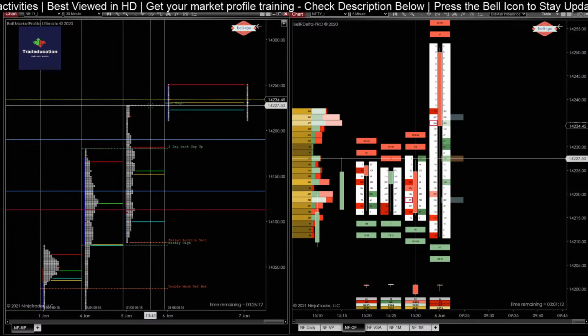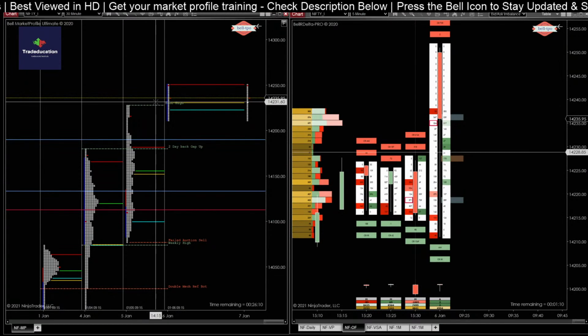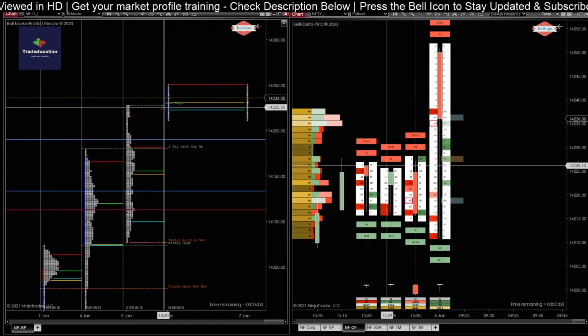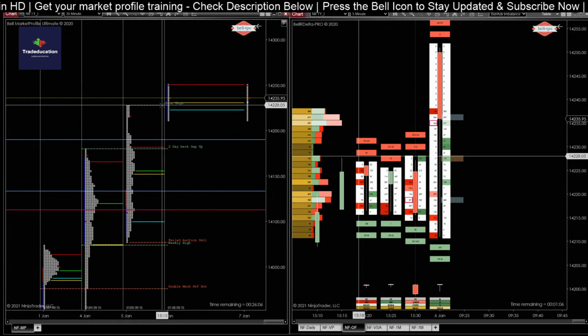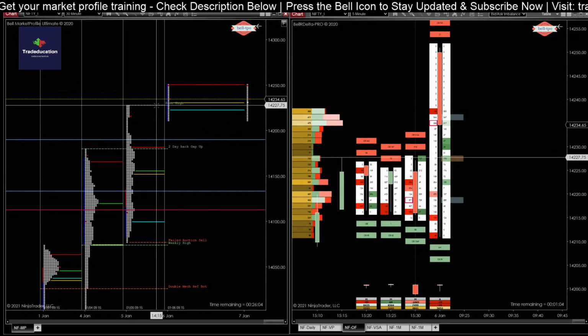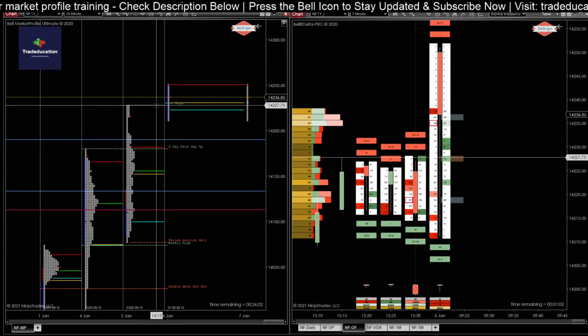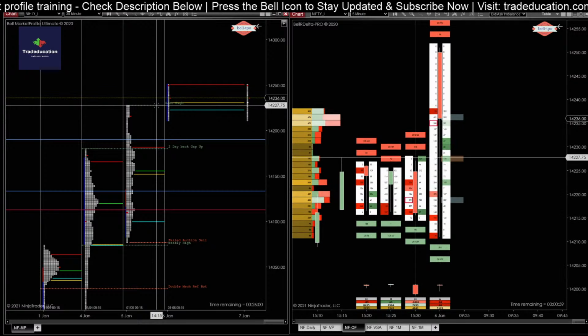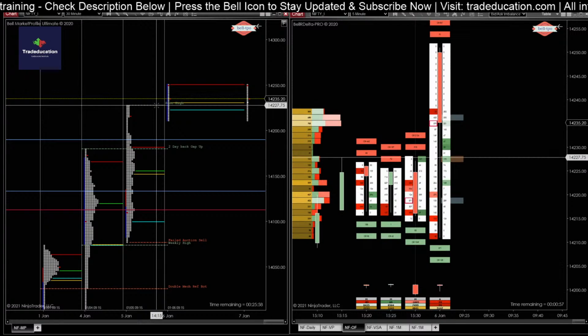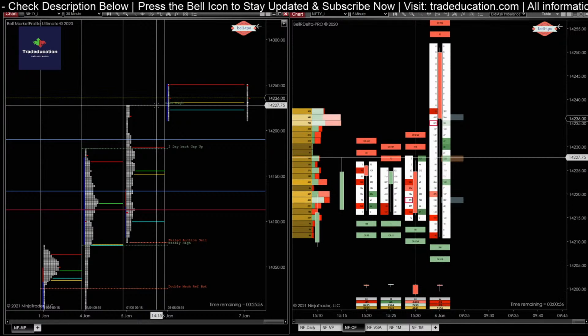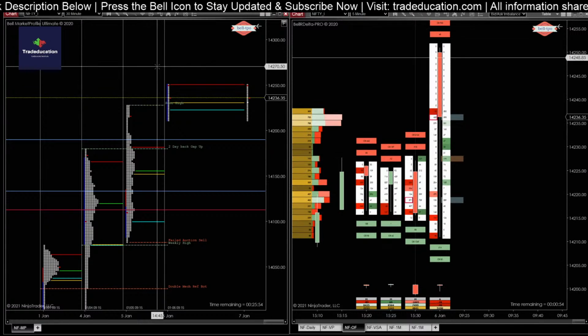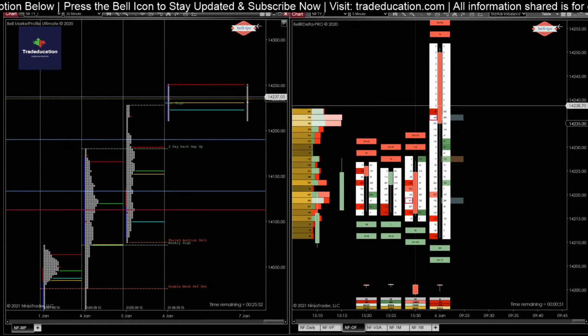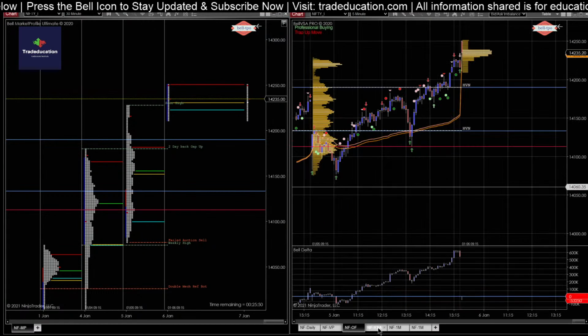Right now the tempo of the auction is slowing down, and there is some exhaustion being seen. So if the auction comes below this level, that can be a good opportunity to take a short position. But right now I'm not seeing that opportunity yet. So let it continue. Let the high be tagged because unfinished auctions are there.